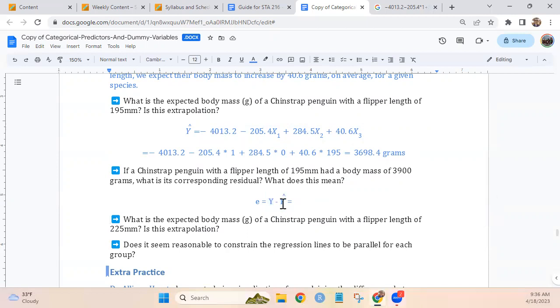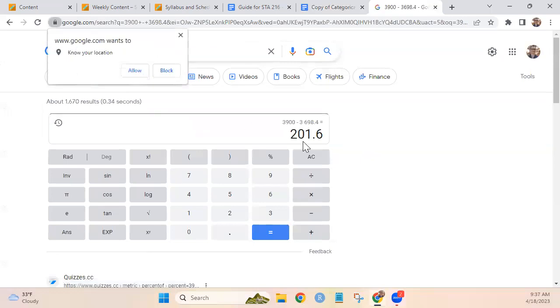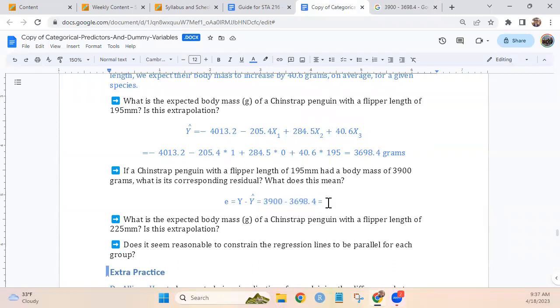So here the actual was 3,900, and then the predicted was this. So it's about 201. Notice that the order of the subtraction matters, right?